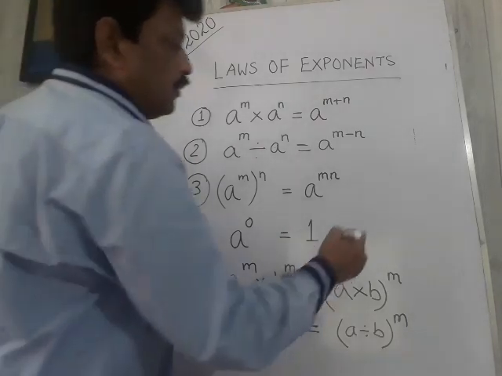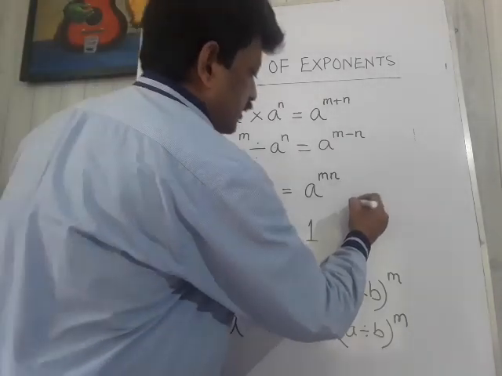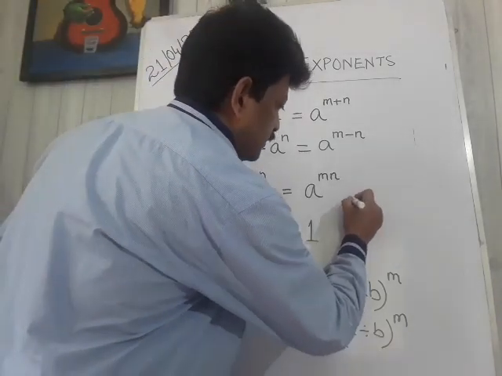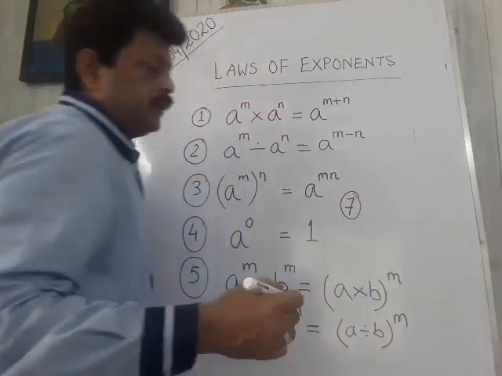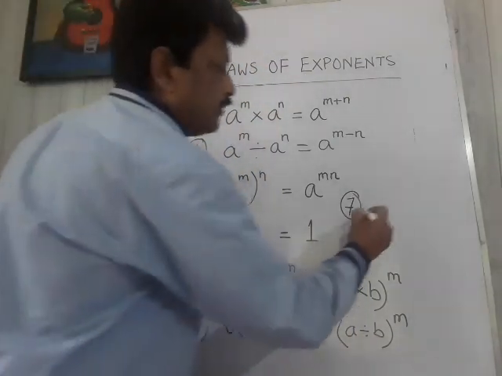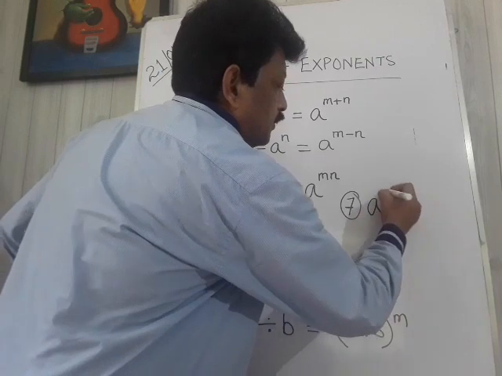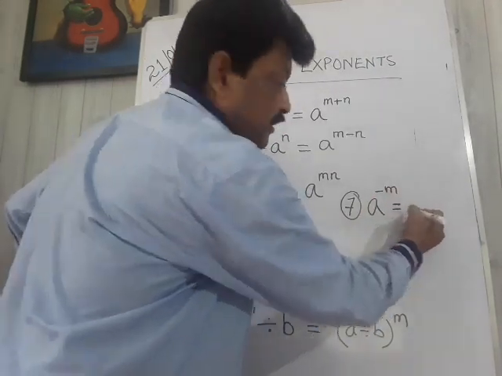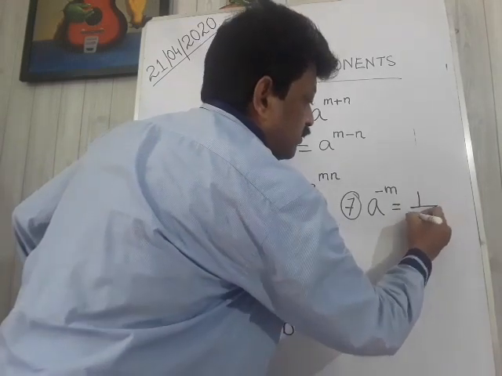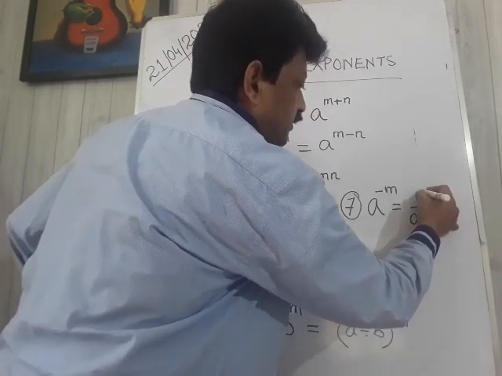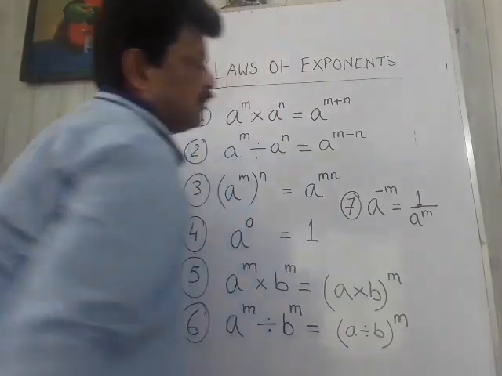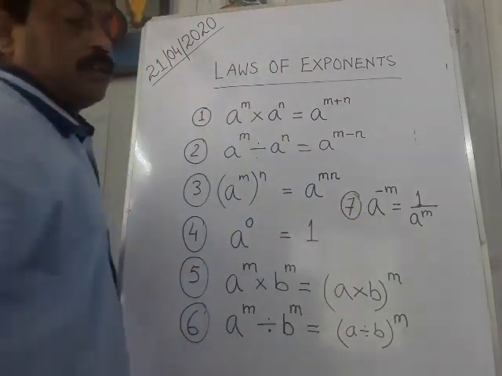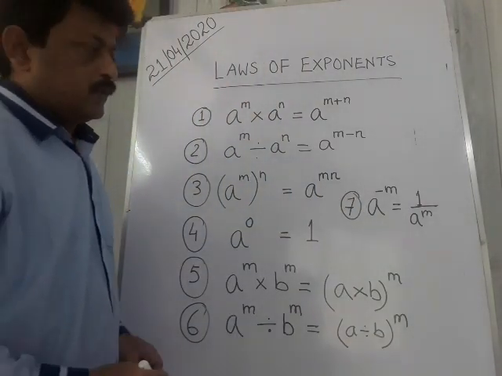And one more law is here, let me write here. Number 7, if any number is having negative power, a to the power minus m, then it is written as 1 by a to the power m. It becomes the reciprocal. When the power is negative, the number becomes reciprocal.